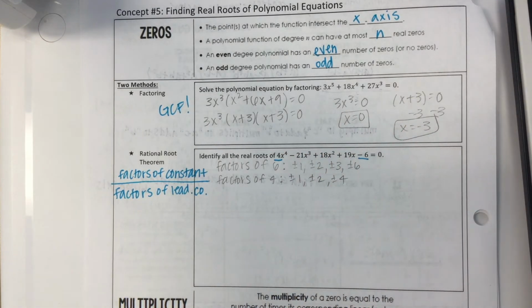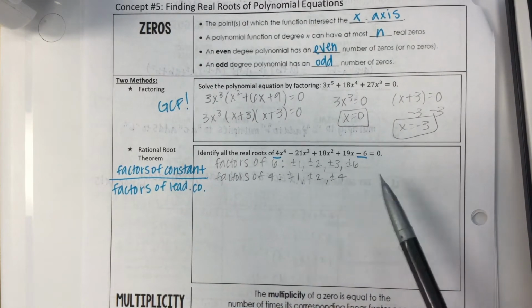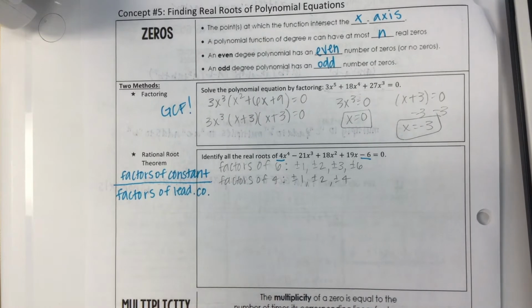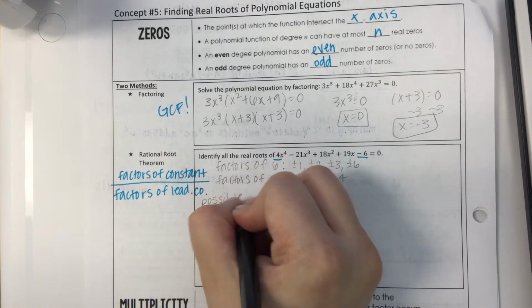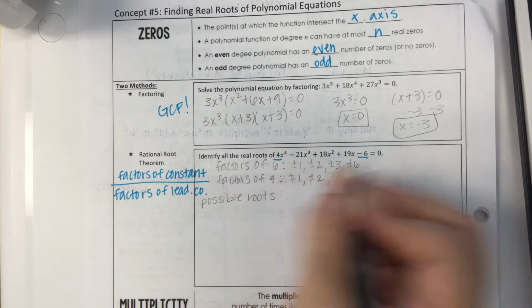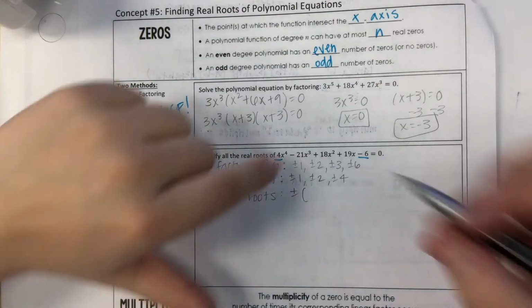So we're going to take all combinations of the factors of 6 divided by the factors of 4. These are all your possible rational roots. So we're going to make a list of the possible roots.